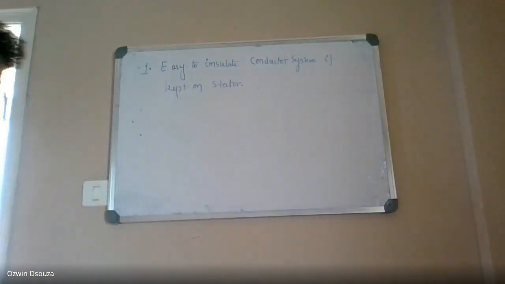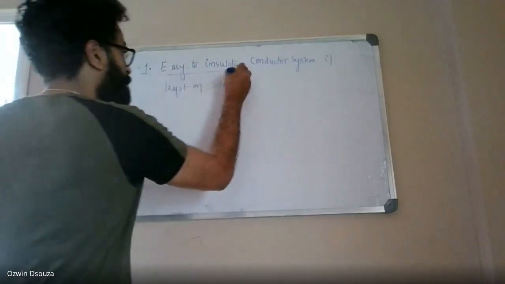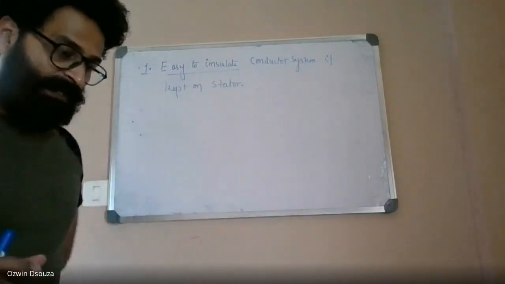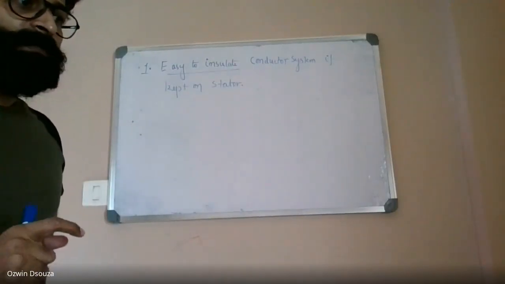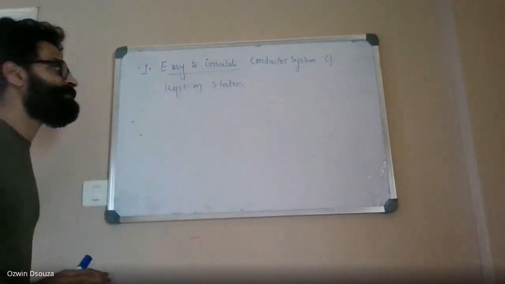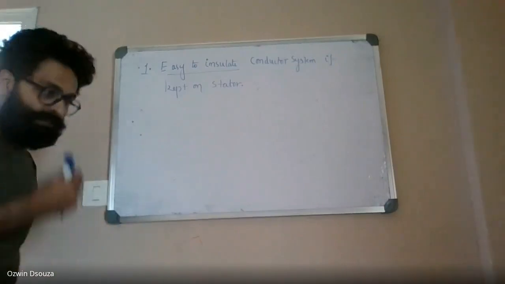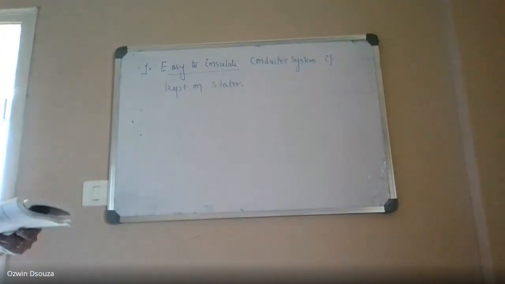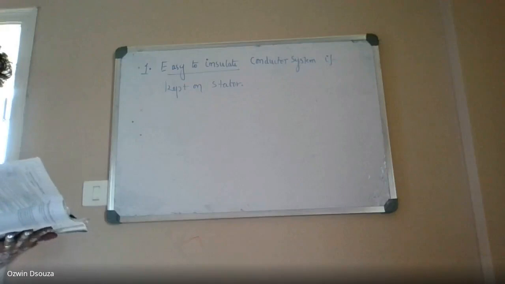So the first advantage is easy to insulate. Insulate means the insulation given to the conductors. It will become very easy if you place the conductors onto the stator. Okay, so how to understand this particular point?